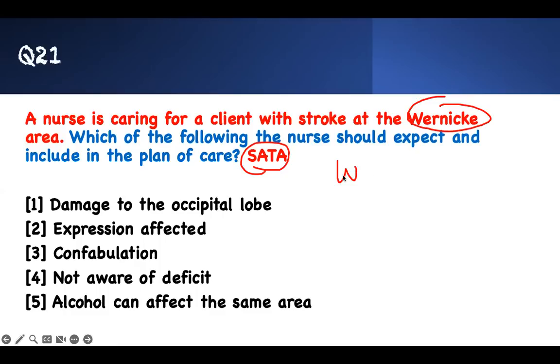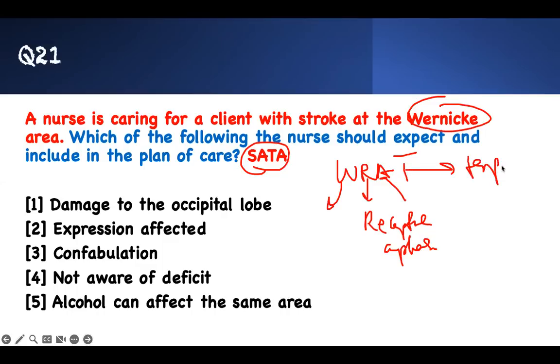So Wernicke, I call it RAT, where W is the Wernicke, R is receptive aphasia, that's RA, and T is in the temporal lobe. So the damage is in the temporal lobe, and we have receptive aphasia.